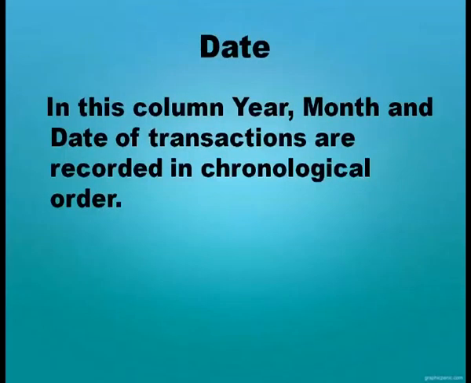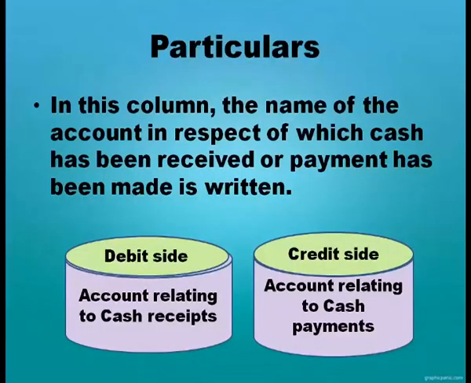In the format of the cash book, we first write the date with year, month and date. The transactions are recorded in chronological order, that is, according to the order in which they have occurred. In the particulars column, the name of the account in respect of which cash has been received or payment has been made is written. Accounts relating to cash receipts are recorded on the debit side.